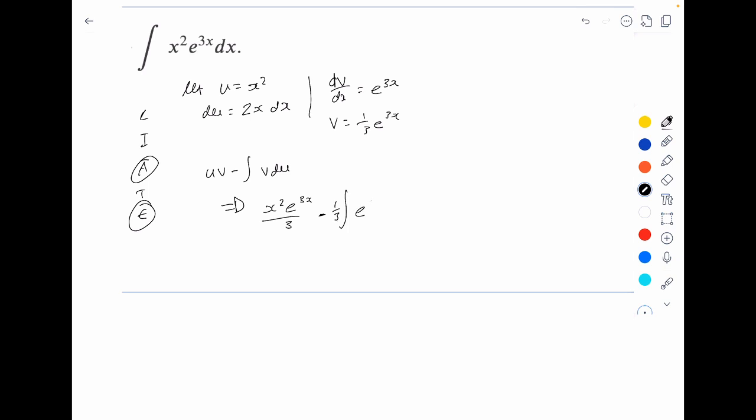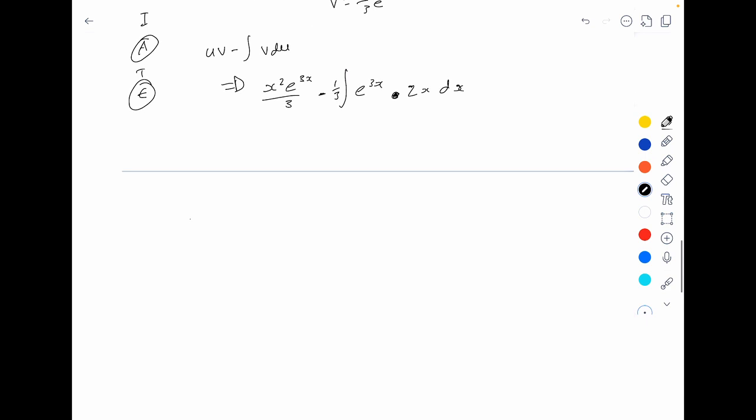Shove the third there. du is equal to 2x dx. Okay, so therefore we've got x squared e to the 3x over 3 minus a third, actually 2/3, of the integral of x e to the 3x dx. Okay.